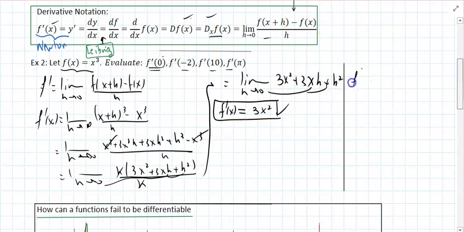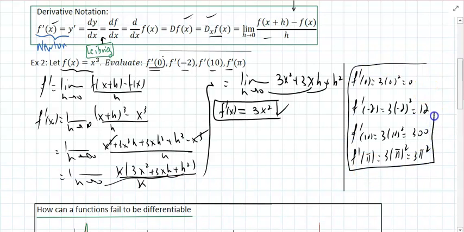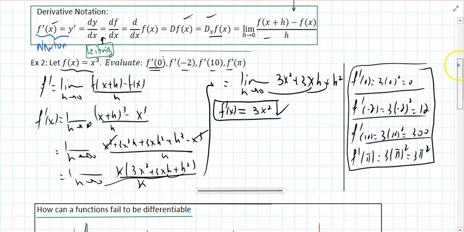When I say what's f prime of 0, that's simply 3 times 0 squared, which is 0. And you can guess it's very simple now to evaluate the derivative at as many points as you like. 10 squared is 100, that's 300. So instead of taking the limit and applying that 4 different times, it's easier to find the limit just once in terms of x and replace x by any value that you want, and this way you approximate the slope of the tangent of the derivative at all of these different points.